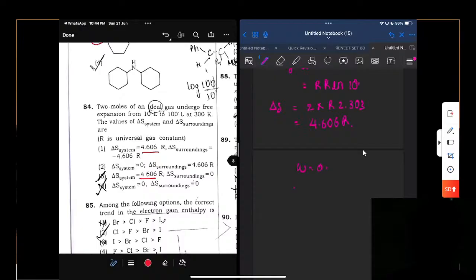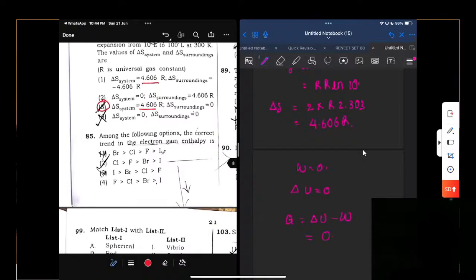When work done is 0, change in internal energy is also equal to 0. By the first law of thermodynamics, delta U minus W is also equal to 0. So for the surroundings also, there is no heat change. The entropy change of the surrounding will also be equal to 0. So which option is correct? Option 3 is correct for 84.